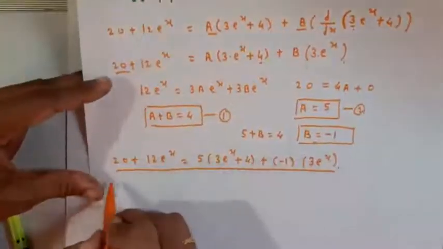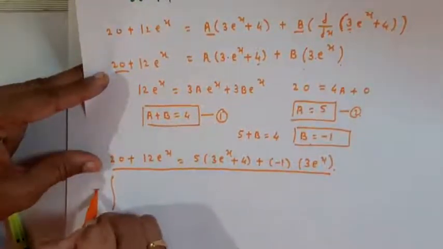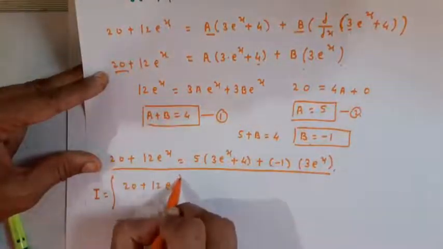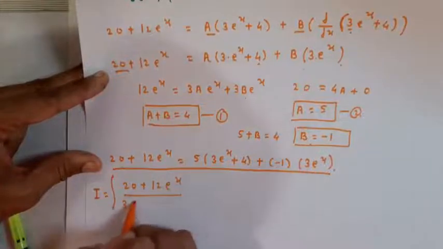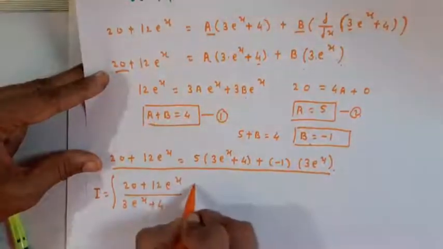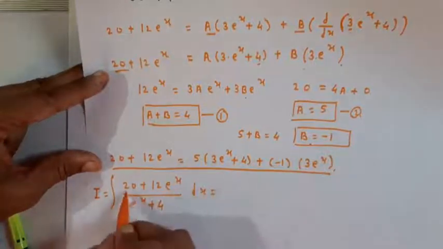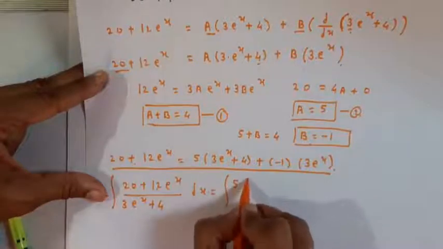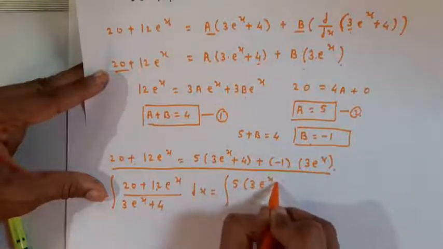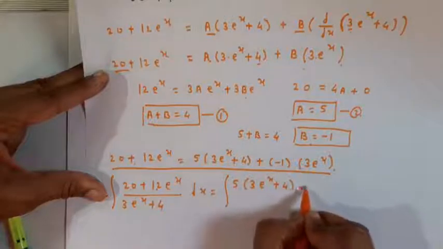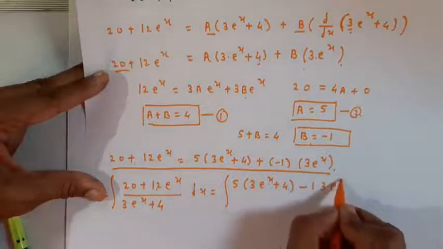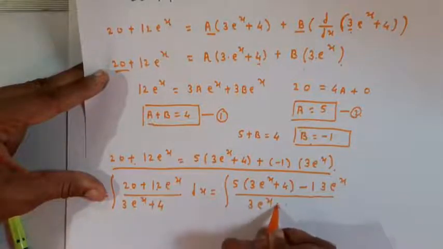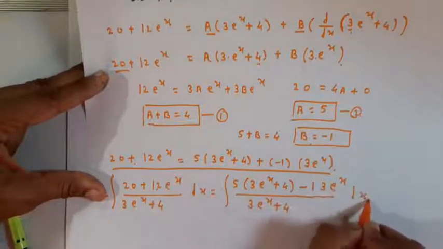Now our integration is I equal to the integration of (20 + 12e^x) upon (3e^x + 4) with respect to x. So put the value of the numerator from here. The numerator is 5(3e^x + 4) plus (-3e^x), upon the denominator 3e^x + 4, with respect to x.